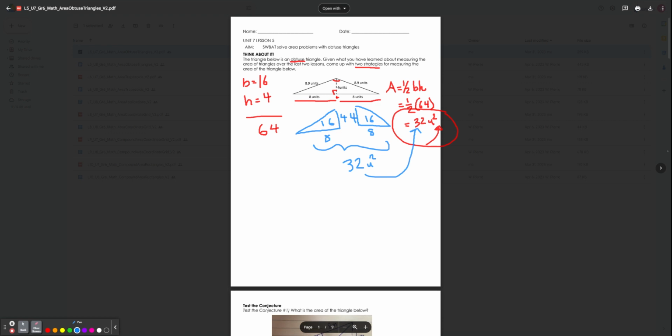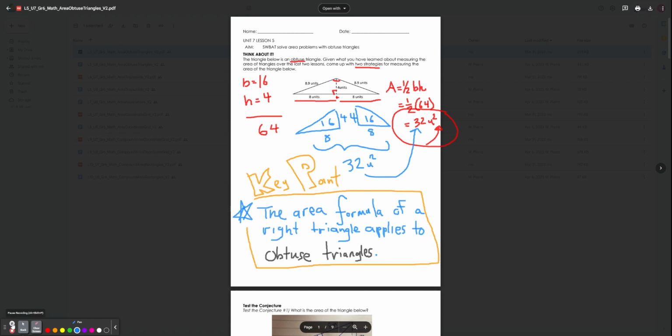And so what's our key point for today? What have you seen with right triangles? What have you seen to be true with acute triangles? And what do you see is true also with now obtuse triangles? I hope you're saying to yourself that you see, hey, key point, write this down in your notebook. Yep, you guessed it.